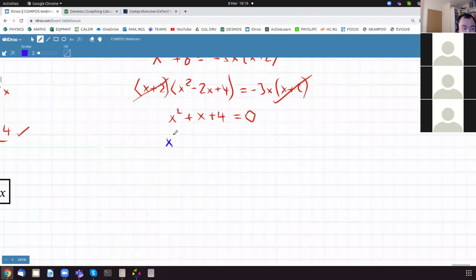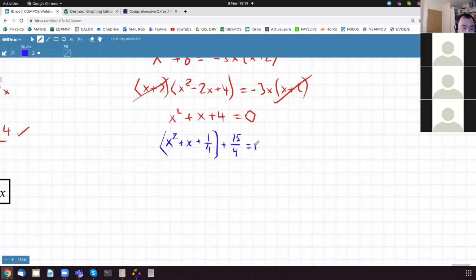I'm going to do x squared plus x plus a quarter, minus a quarter, plus 4. 4 minus a quarter is 15 quarters.